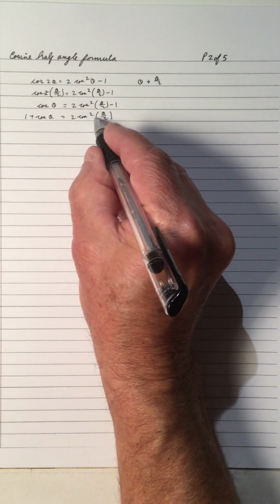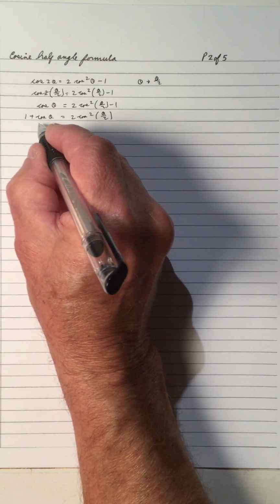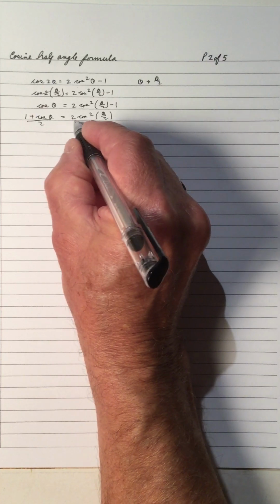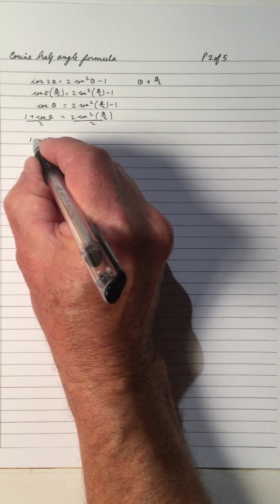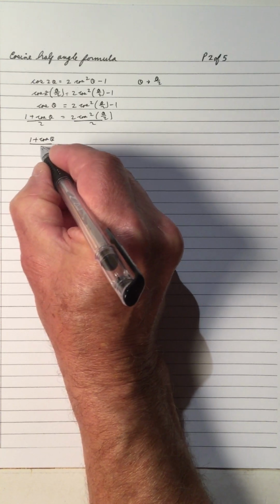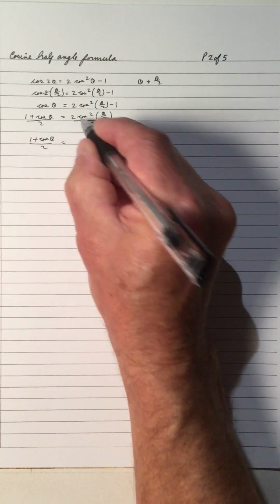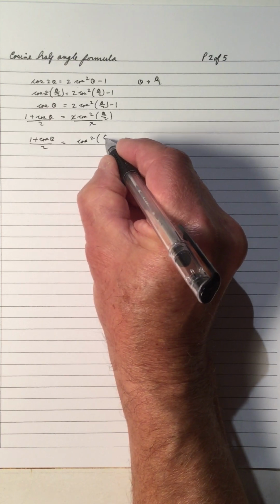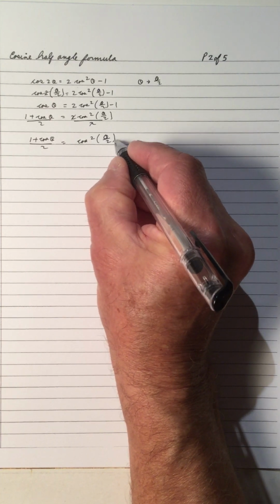What we're trying to do is isolate this, so we divide by 2. We get 1 plus cos theta over 2, and the 2's cancel, and I get cos squared theta over 2.